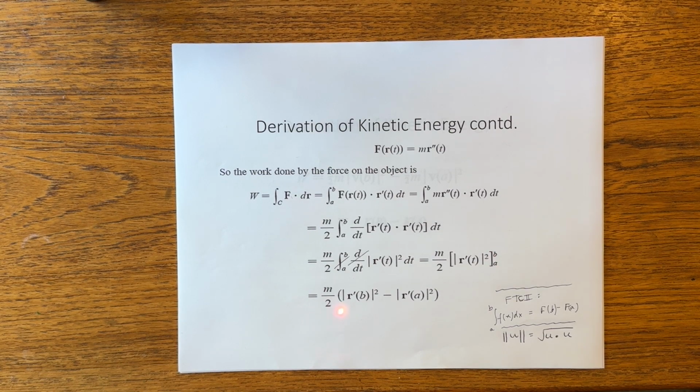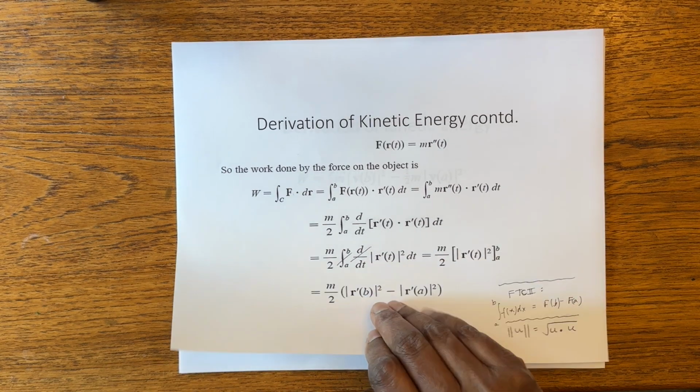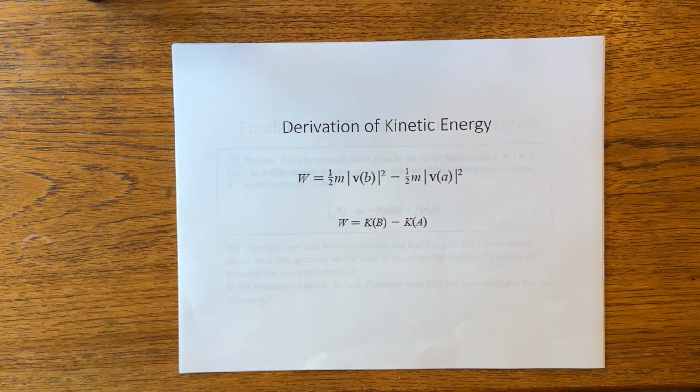And that simplifies to this over here, which is now beginning to look very similar to the kinetic energy equation, which is basically m over 2 times the difference between the velocities at point A and point B. So that simplifies to this equation over here.